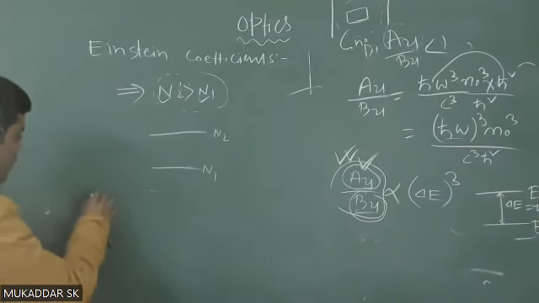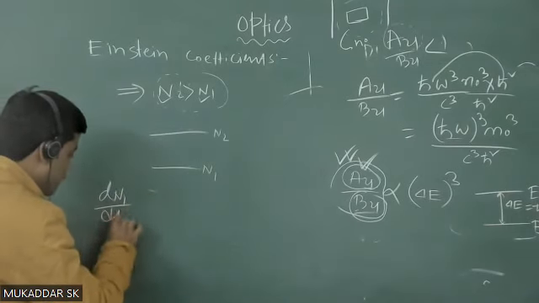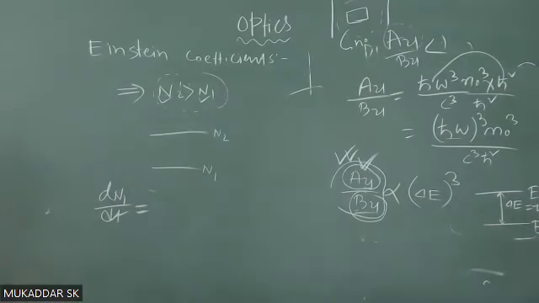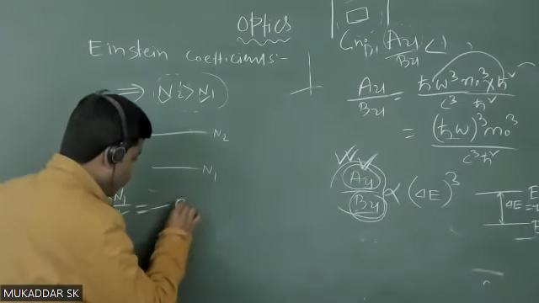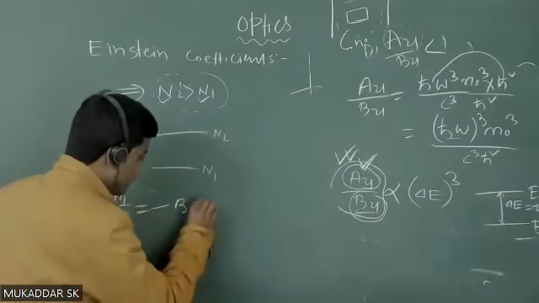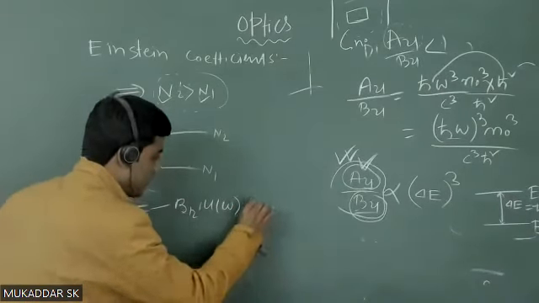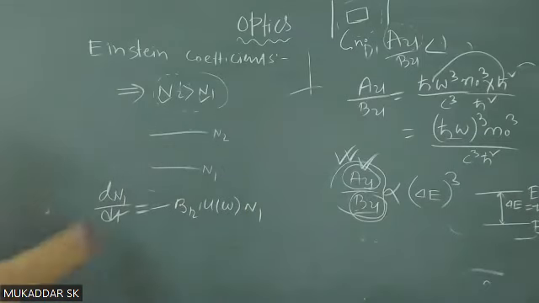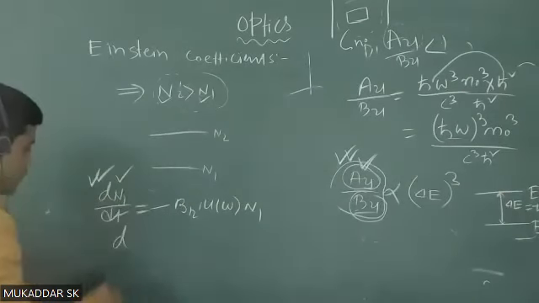What I am trying to say, if you remember that rate of stimulated absorption, that was how much? That was B1 2 into U of nu और U of omega into N1, right? ये आपका रेट ऑफ स्टिमुलेटेड एब्जॉर्प्शन था, इफ यू रिमेंबर.